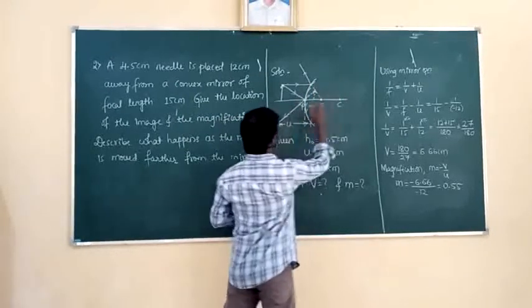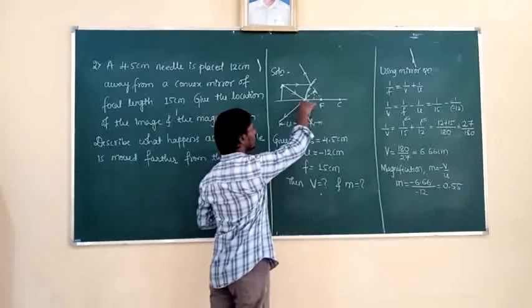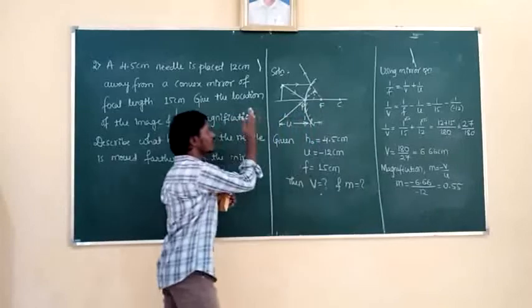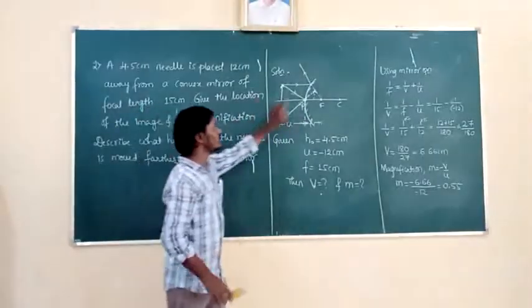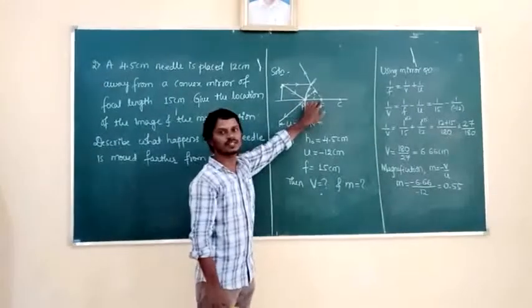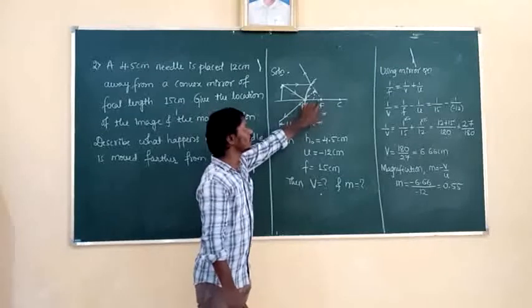When the needle is near to the mirror, where is its image formed? In between P and F. If I take this needle to infinity, where will its image be formed? It is at the focus. It will shift from in between P and F to F only.